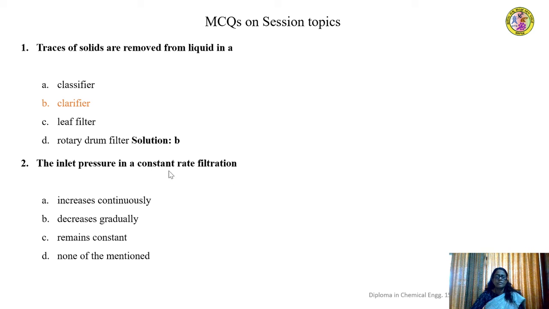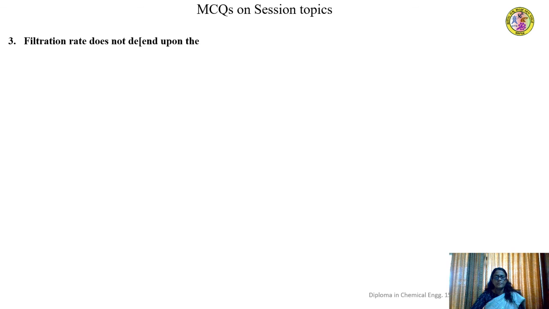This is carried out by applying a certain minimum pressure and continuously increasing the pressure to overcome the cake resistance so that the rate remains constant throughout the run. So the inlet pressure in a constant rate filtration increases continuously. Option A is the correct answer for the second question.